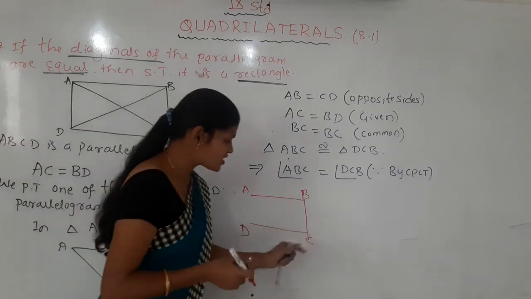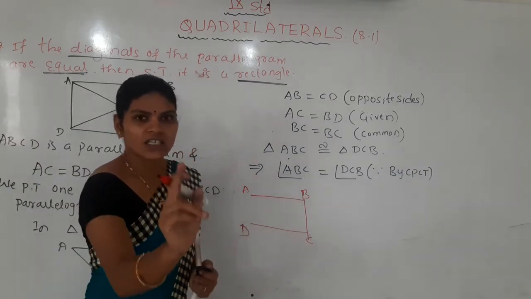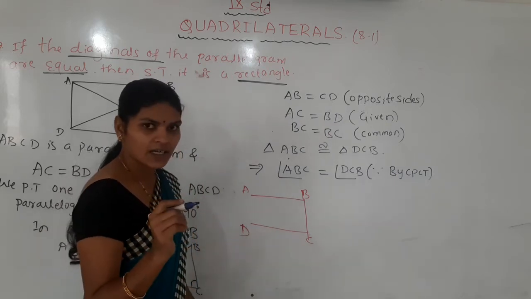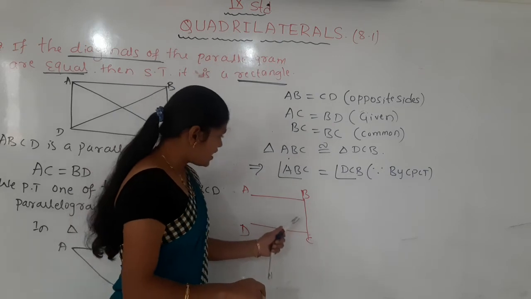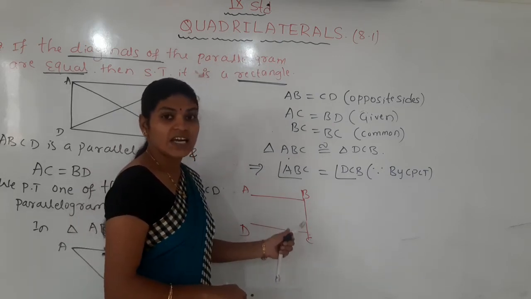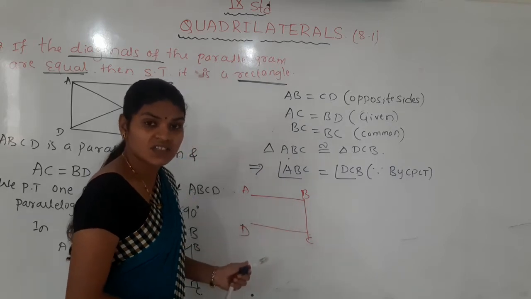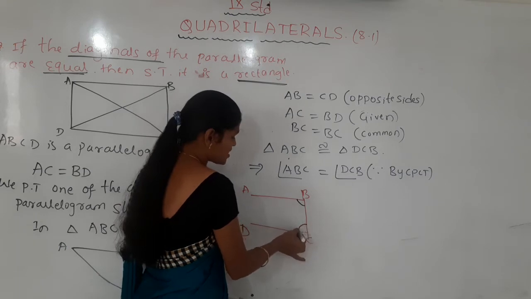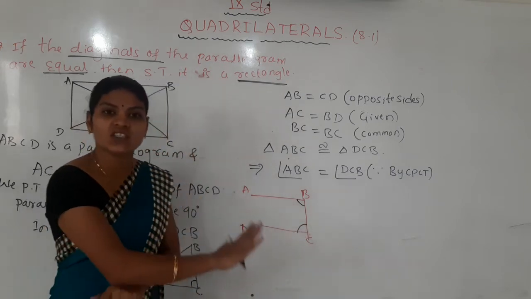Is it a transversal? You have studied in the chapter lines and angles one thing. The angles which are interior of the parallel lines and which lie on the same side of the transversal are supplementary to each other.